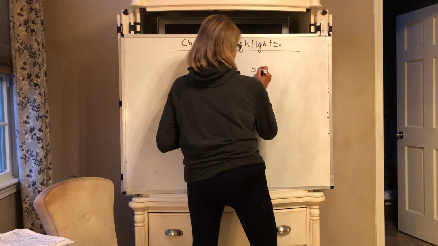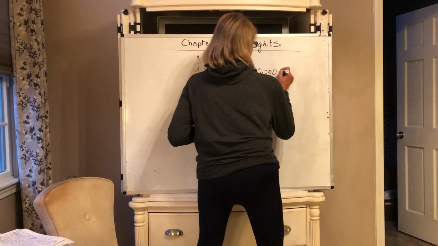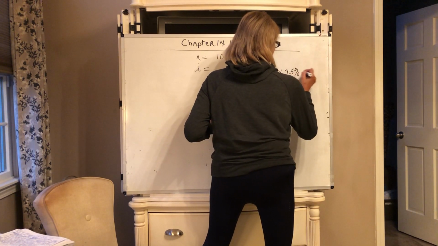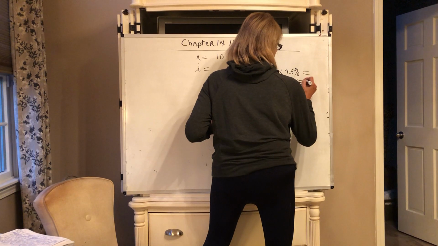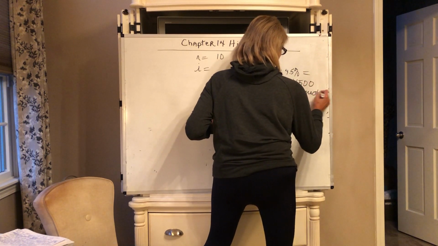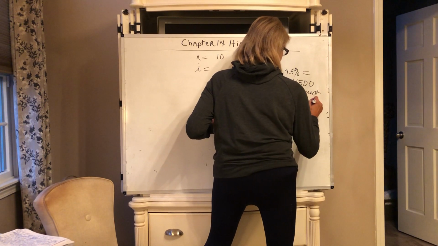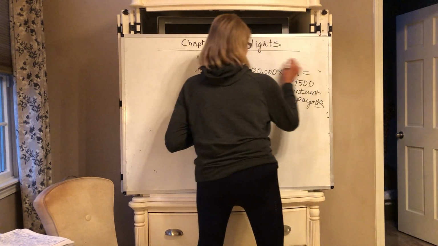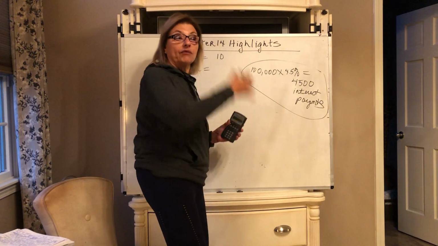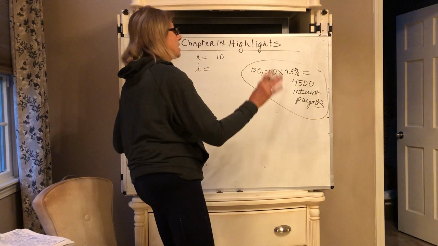We use it for this: 100,000 times half of 9, which is 4.5%, and it's $4,500. These are the interest payments. And we know there's going to be 10 interest payments in each scenario of this problem. 9% per year, 4.5 every 6 months.